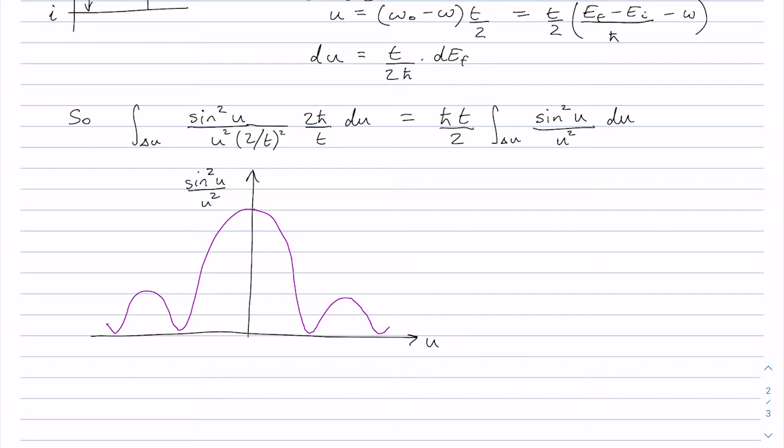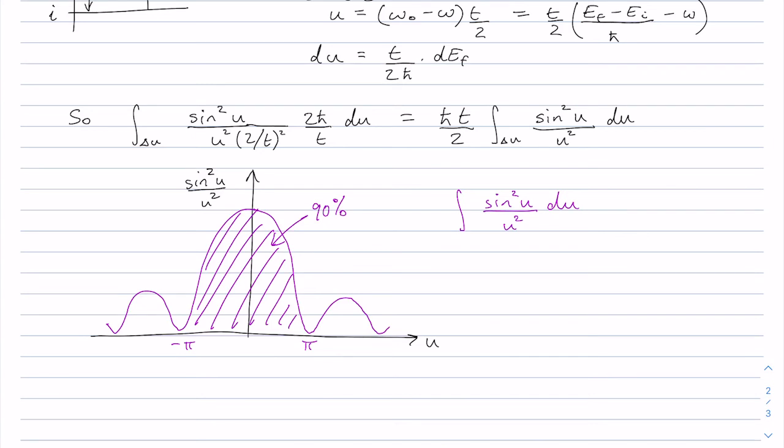And what we're doing is we're integrating this function, and what's the range? If I integrate this function between minus pi and pi, I get 90% of its total value. If I also include the second little bumps up to 2 pi, then I get 95%.